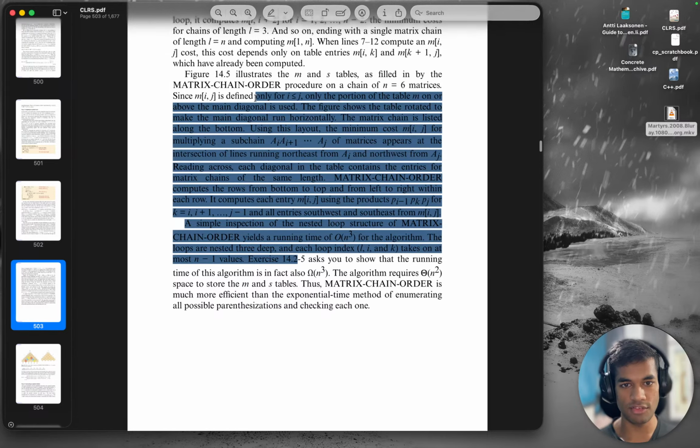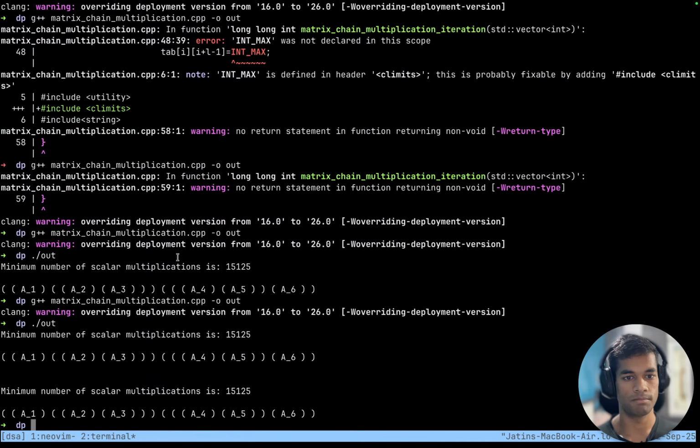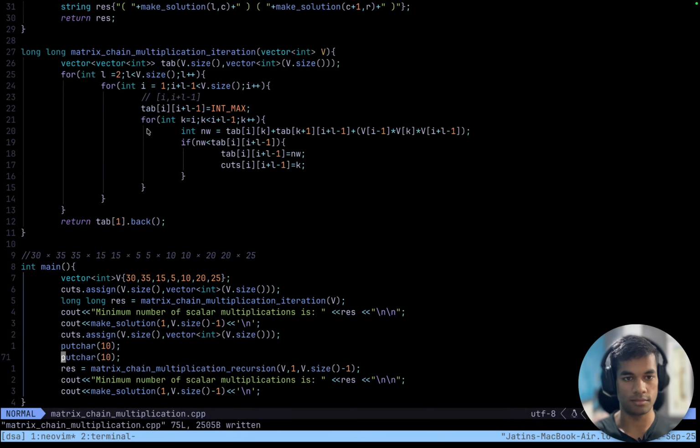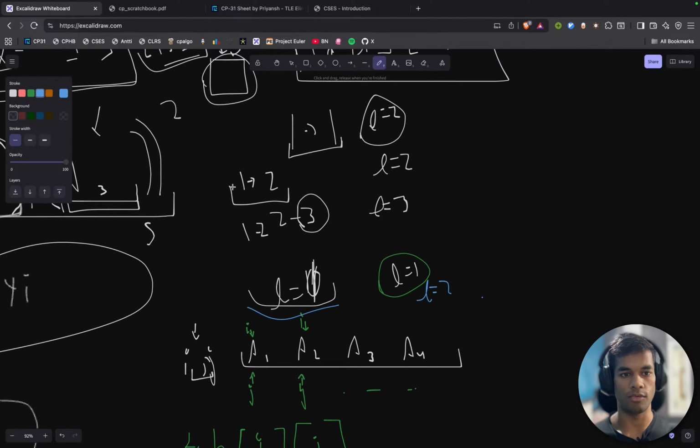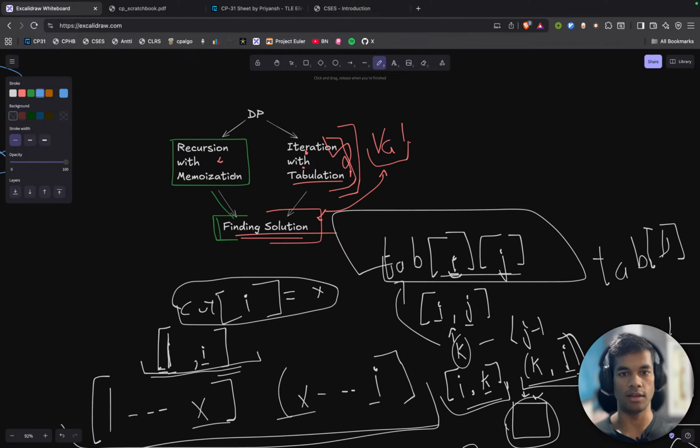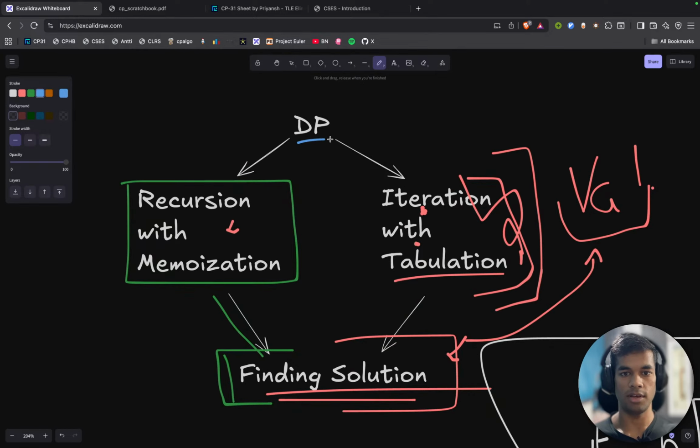I have read this chapter before. I solved it first using recursion with memoization, and kept extra information so I can find the solution that gave the optimal value.